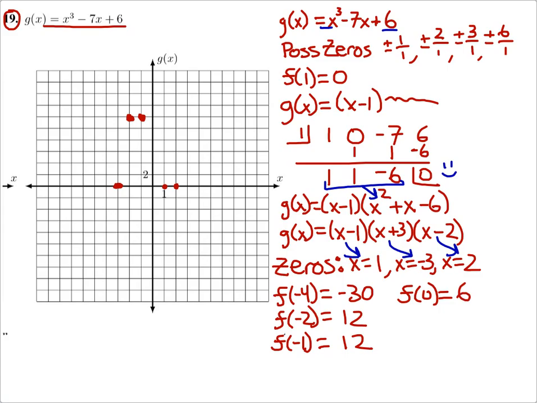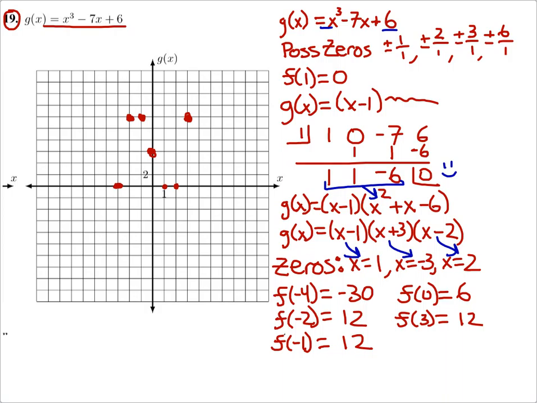So 2, 4, f of 0 is 6. Remember that y axis is scaled by 2's. F of 1 we know. F of 2 we know. Those were both zeros to begin with. Probably finish up, at least, and see what f of 3 is. F of 3 is 12. This does seem to be a common output for some reason in this function, but no matter. Easy enough to graph. Boom. We've got some dots.